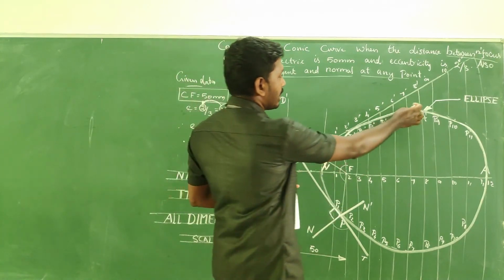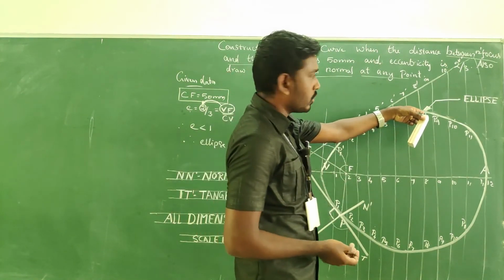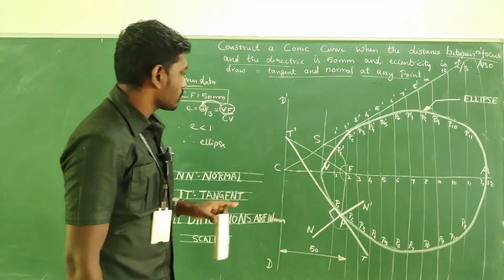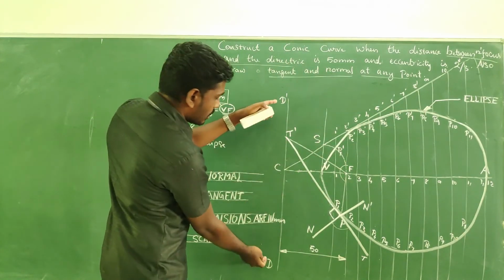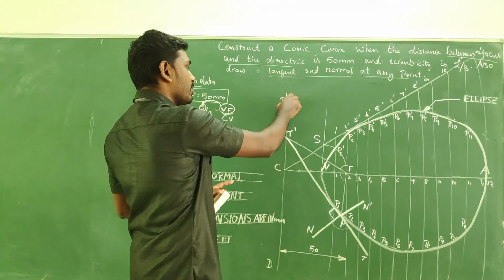If you take this leader line outside the profile, it will be more attractive. Then you can also write D dash and D as the directrix in the vertical manner.